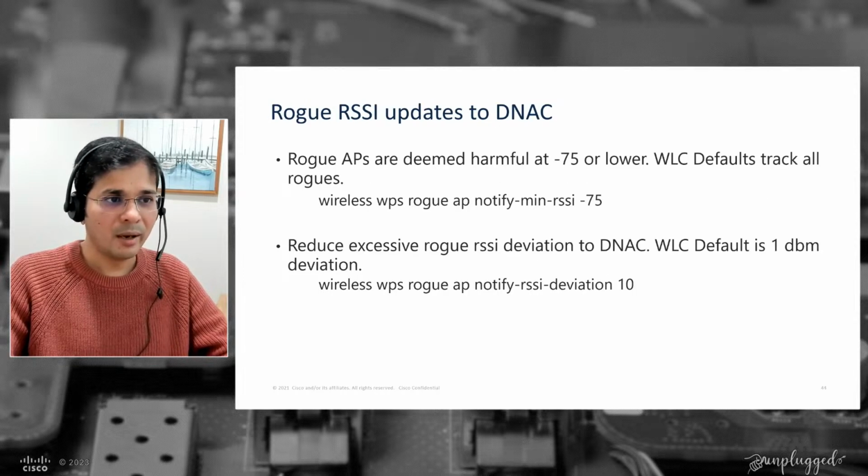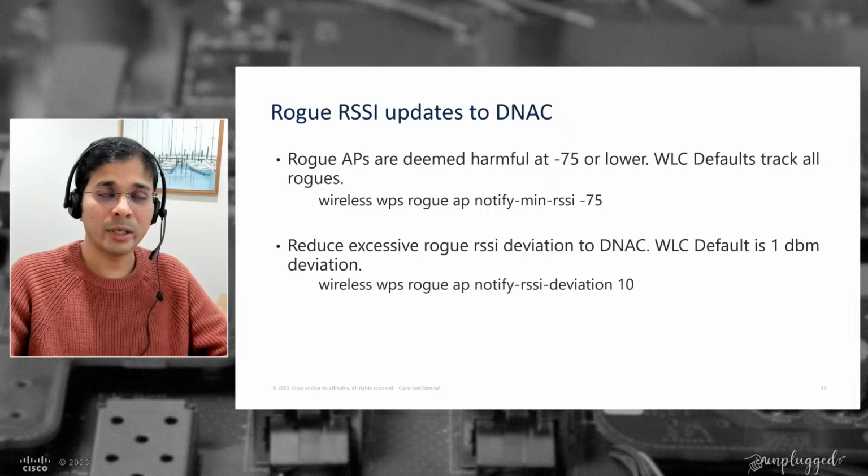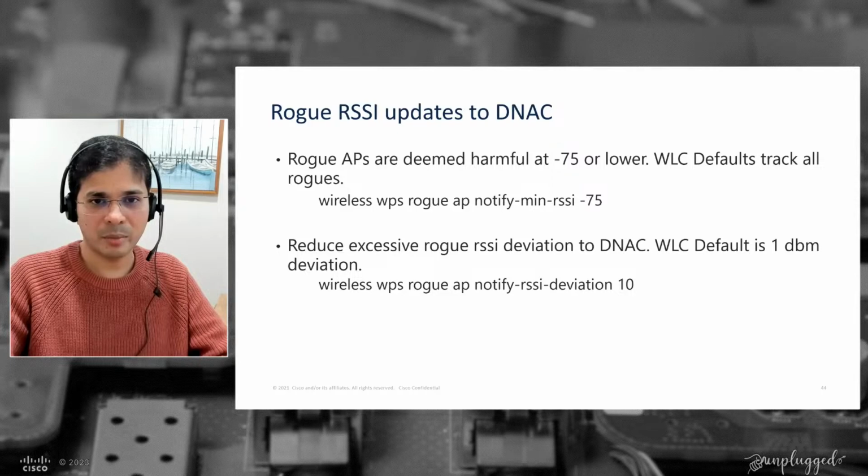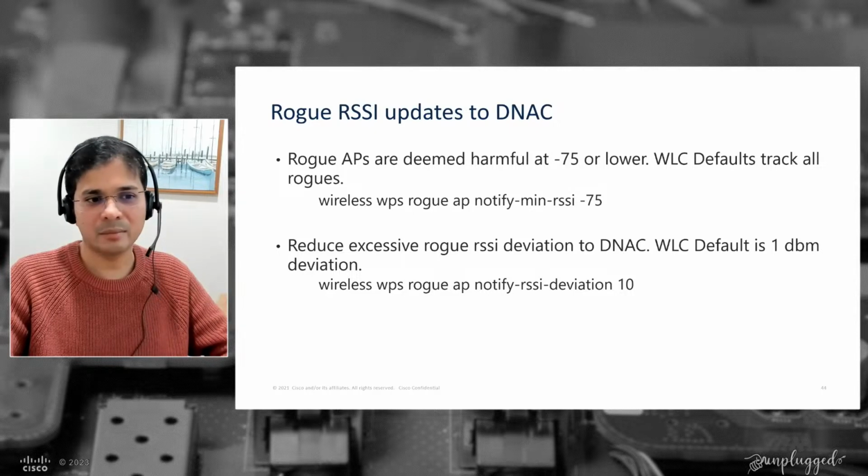This is something on the DNAC that will help. On the controller, we send almost every rogue, and every rogue changes RSSI every minute. We will send that information back to DNAC, and we've seen that this has caused quite a bit of processing on the DNAC. So obviously, I would prefer to have the rogues sent at -75.